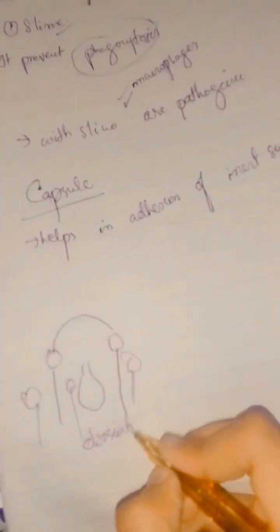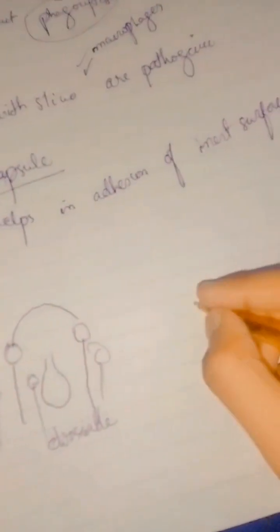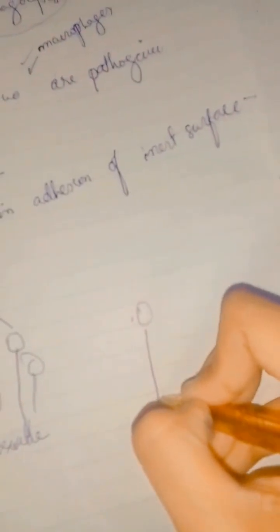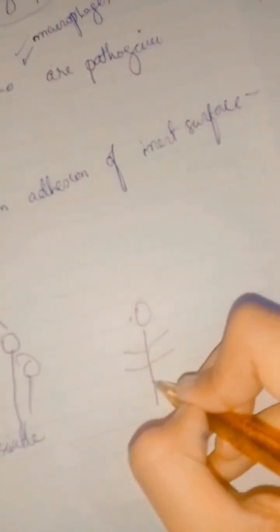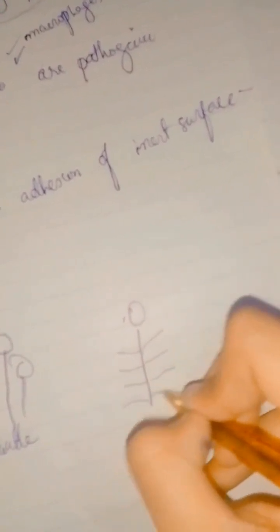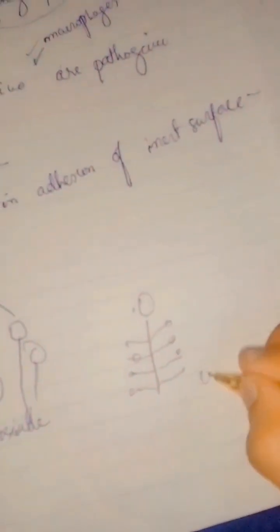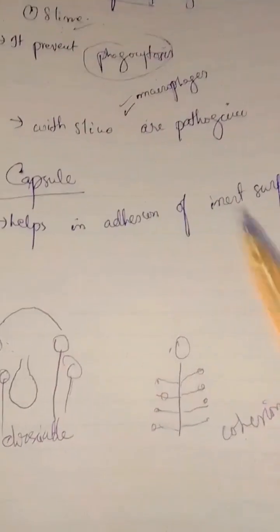That means bonding of dissimilar things. And if we talk about cohesion, the attachment of anthers in the same flower, that is cohesion. So the capsule helps in the adhesion to an inert surface.